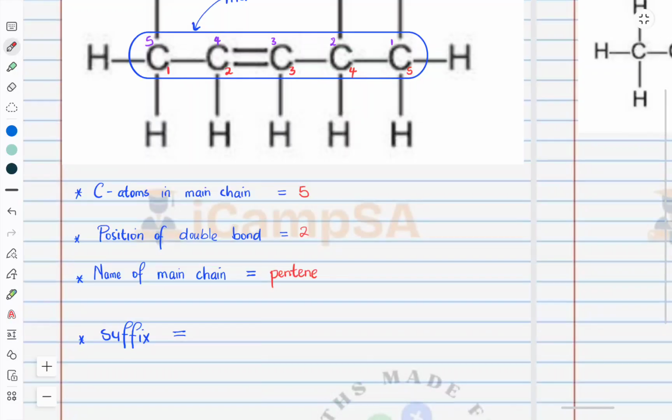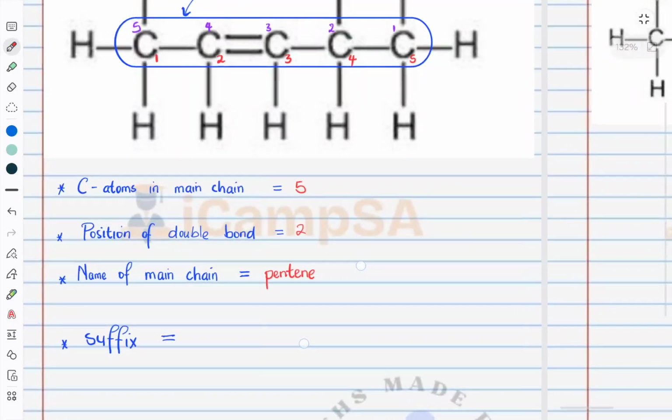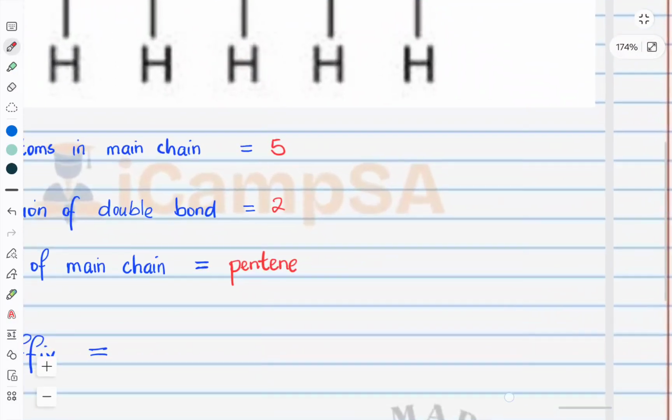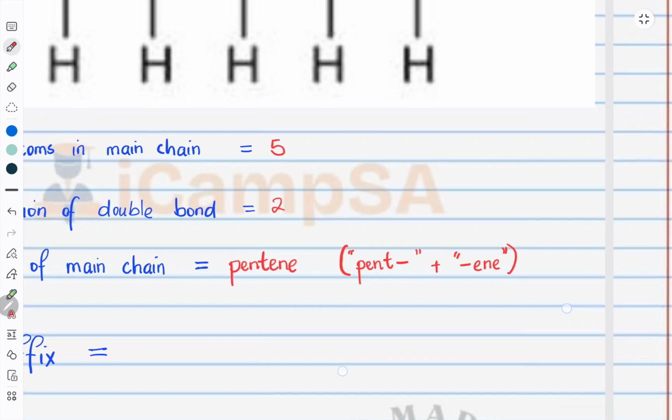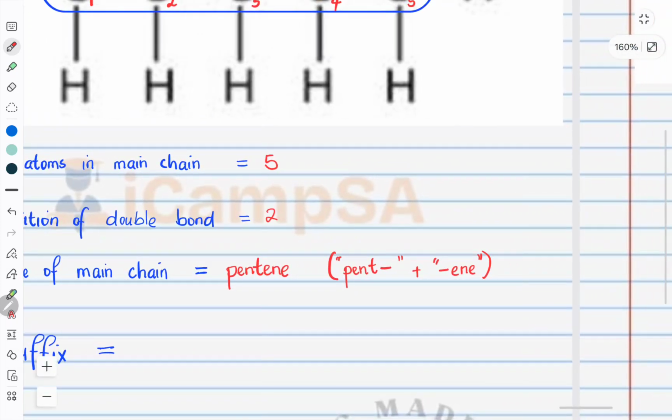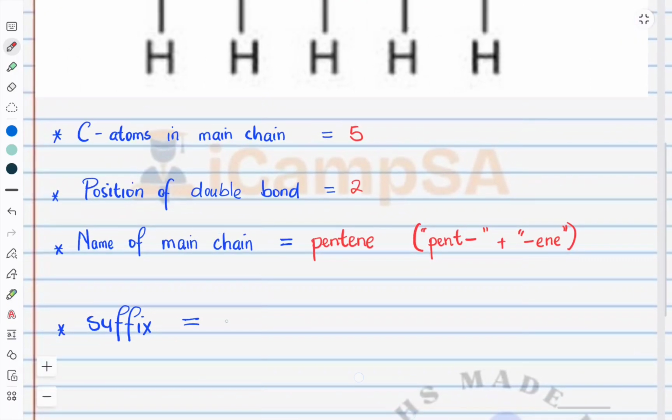Remember, a homologous series is alkene in this case. So pentene has pent for 5 and ene for the fact that it's an alkene. Pent is the stem name saying there are 5 carbon atoms, and ene is the suffix.